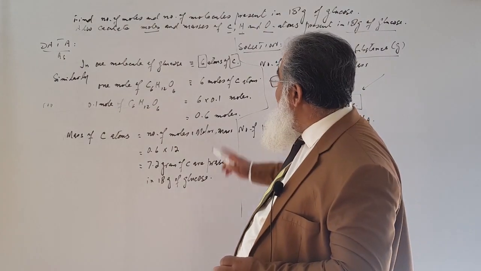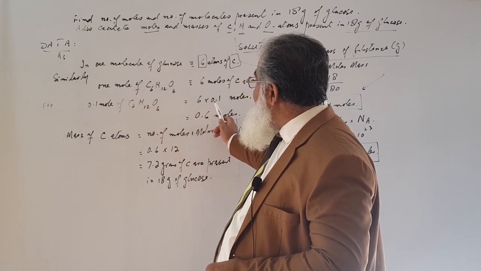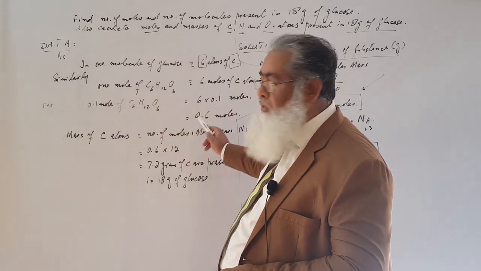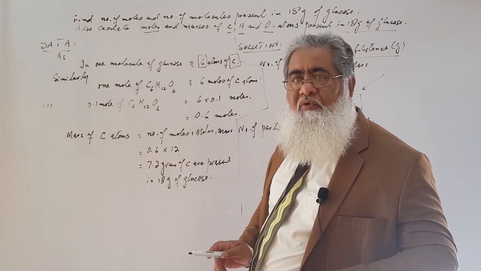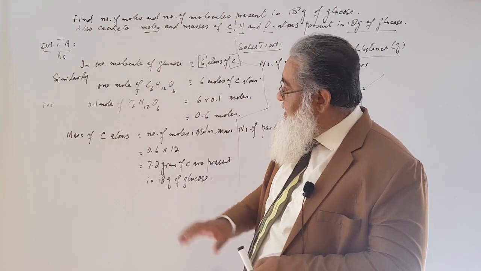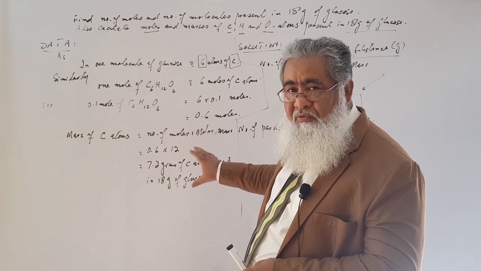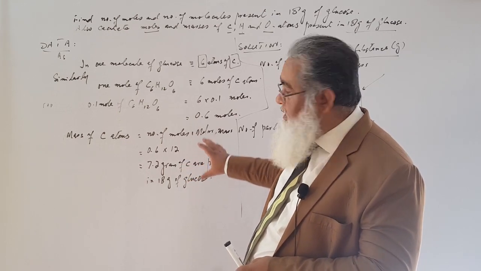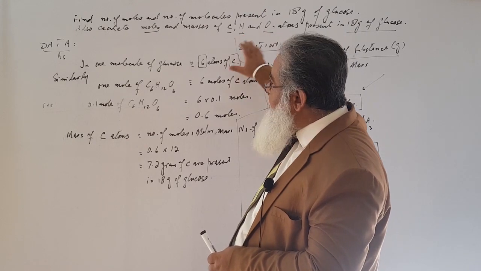And similarly, for hydrogen atoms, the number of moles obtained will be 12 into 0.1, 1.2, and multiplying 1.2 with 1, the answer will be 1.2 grams.